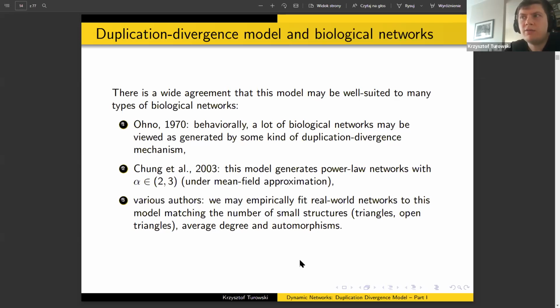And it turns out that if we try to find parameters for these models, and then try to generate graphs which could exhibit all these values, so number of triangles, number of automorphisms, close to what we expect from the real-world networks, then this model performs surprisingly well, and it is quite a unanimous opinion that it outperforms all other models.